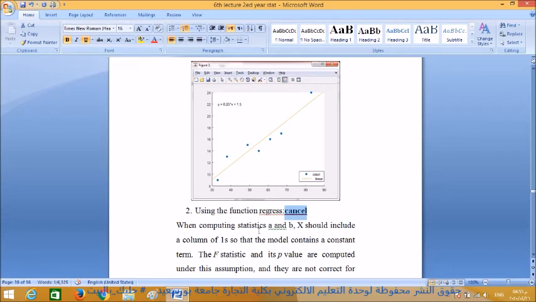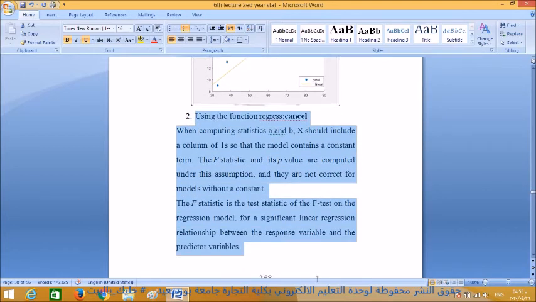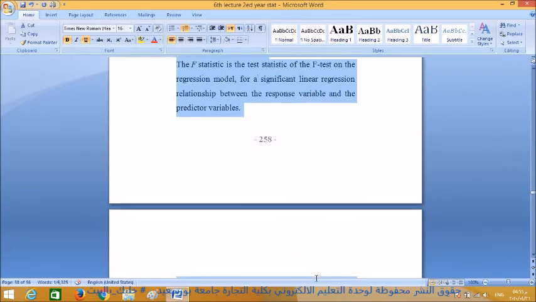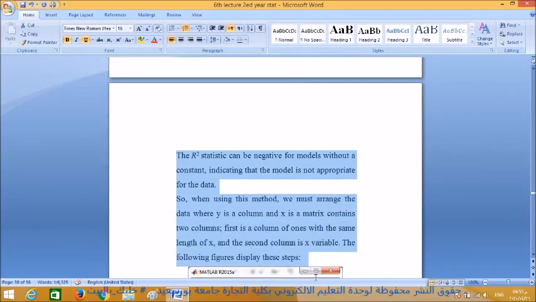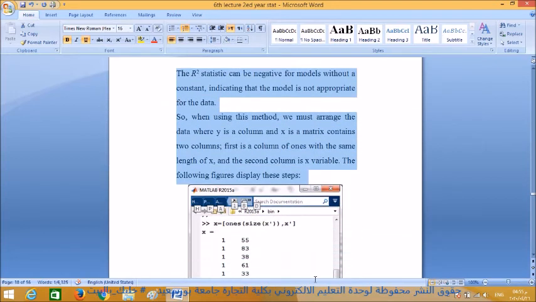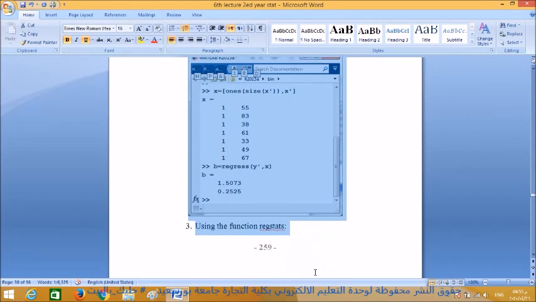Okay, so you have to cancel this. It's enough to use two methods only. This is the second one.